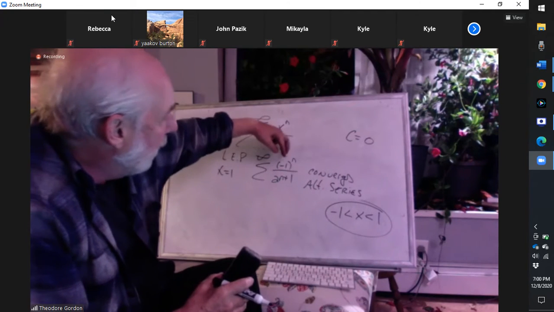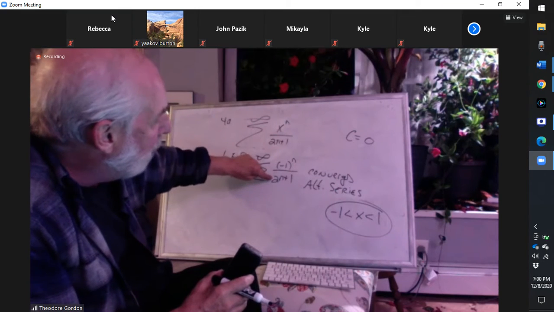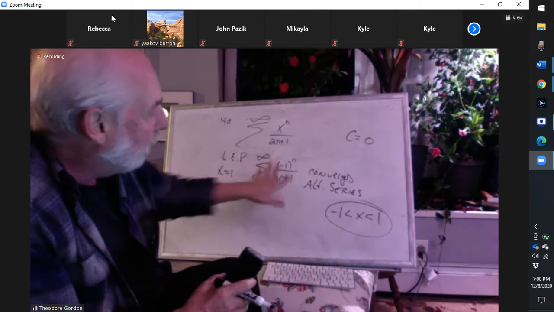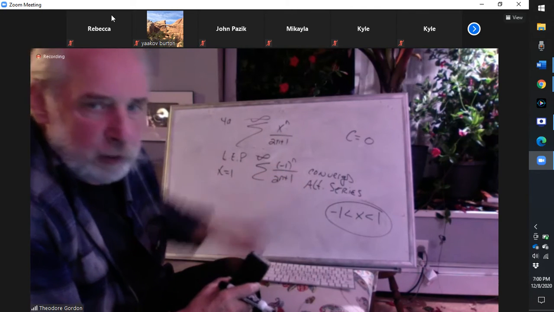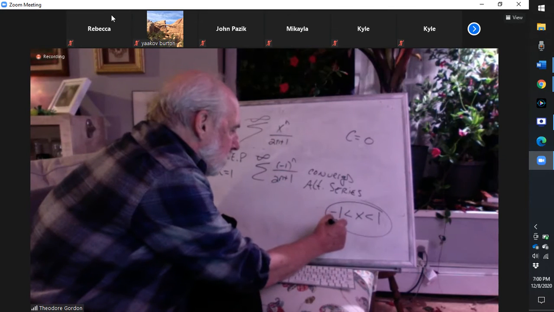This is alternating positive, negative, and because the denominator keeps getting bigger, each term gets smaller, so this converges by the use of the alternating series test. So here we converge.